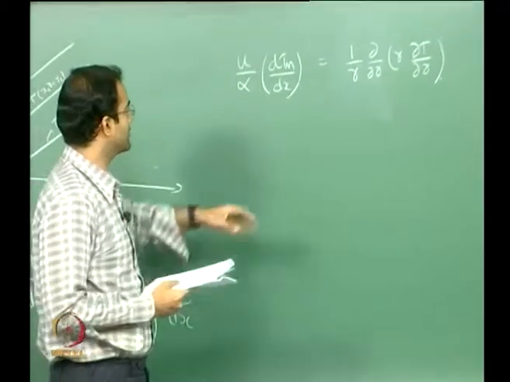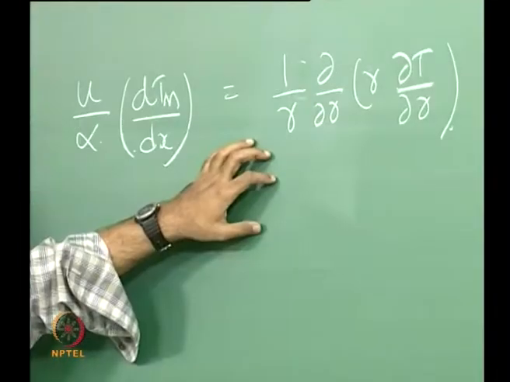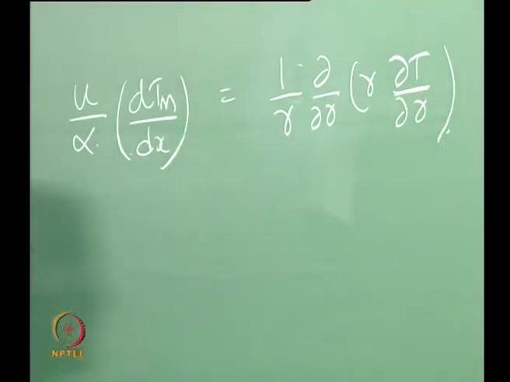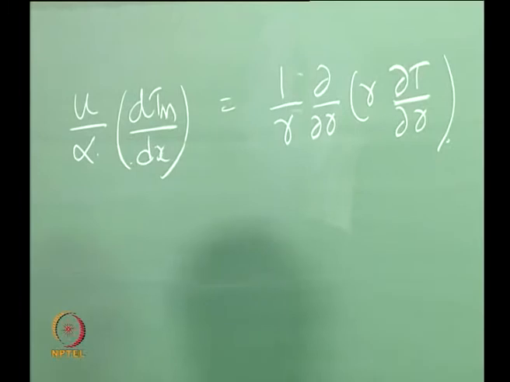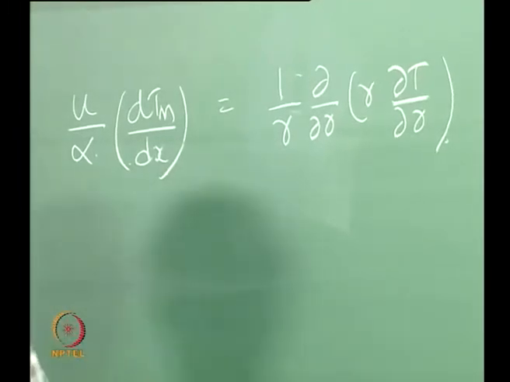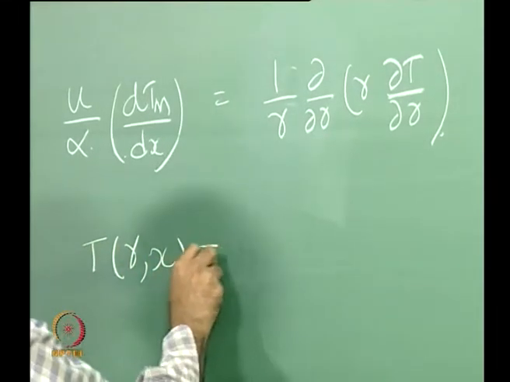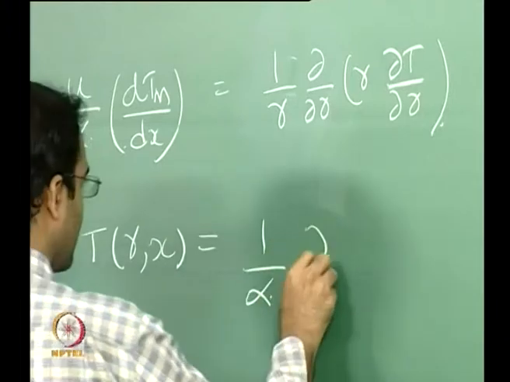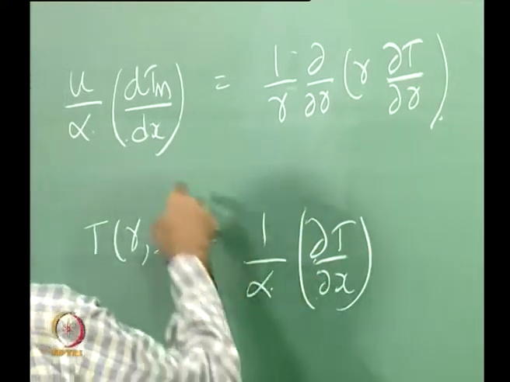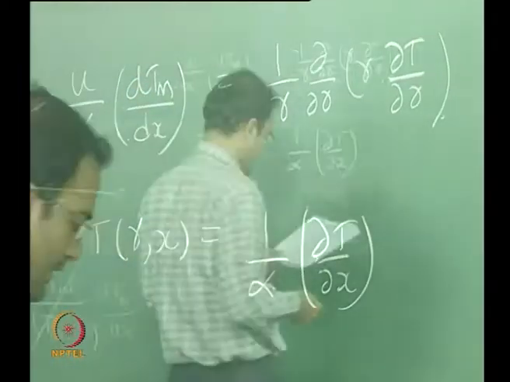Since the left hand side is a constant, we can just integrate it the same way we integrated the velocity profile where dp by dx was a constant. This is a much simpler way of looking at the solution. If you integrate it twice, I am not going to spend time integrating, I will give you the final expression: 1 by alpha times dT by dx, which is a constant. I can use either dT by dx or dTm by dx, they mean the same and are just constants.